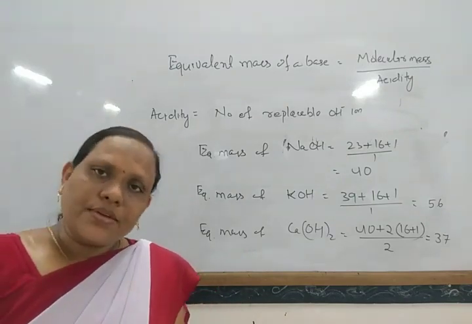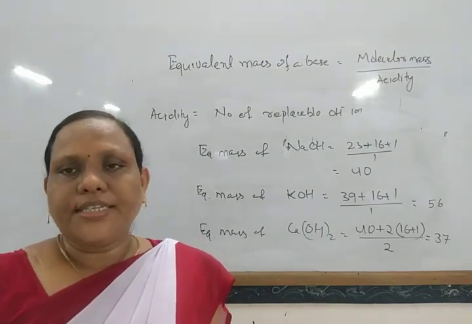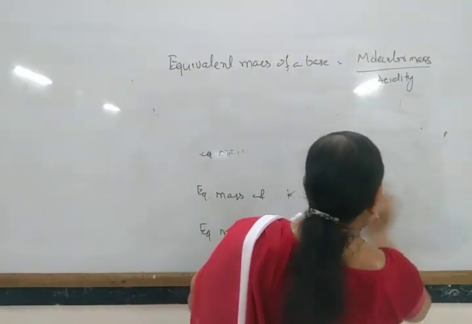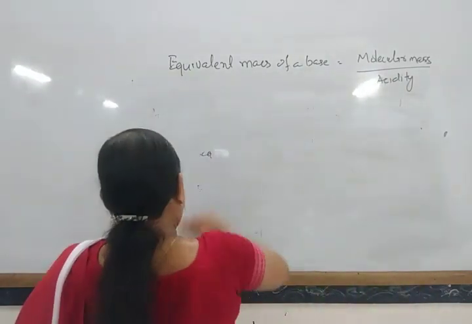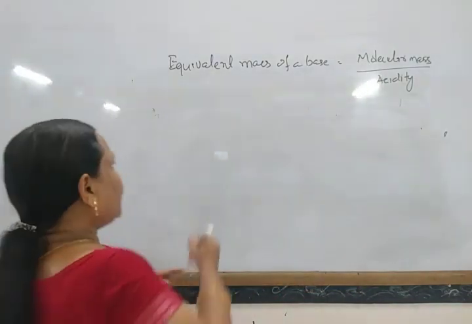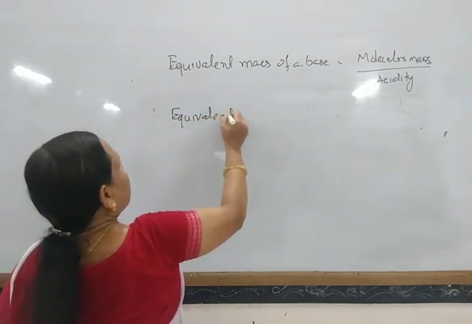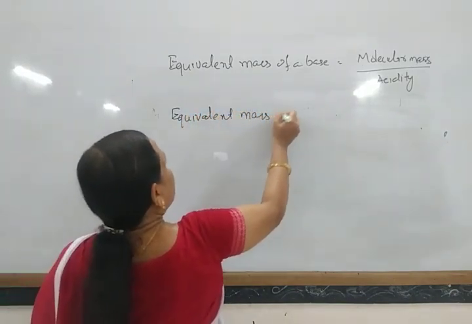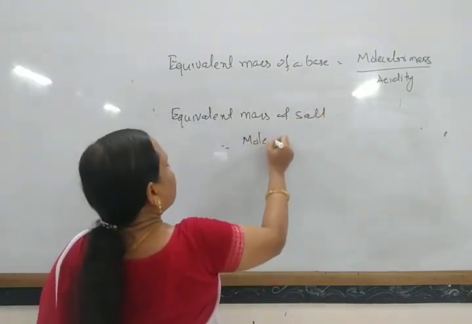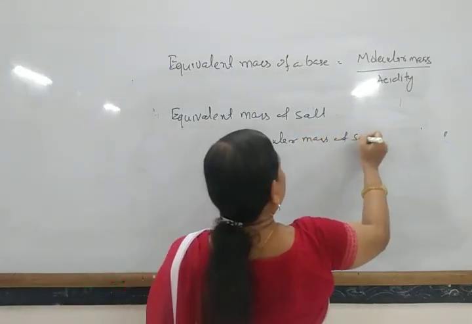Next, come to how to find out the equivalent mass of a salt. Equivalent mass of salt is the molecular mass of salt.